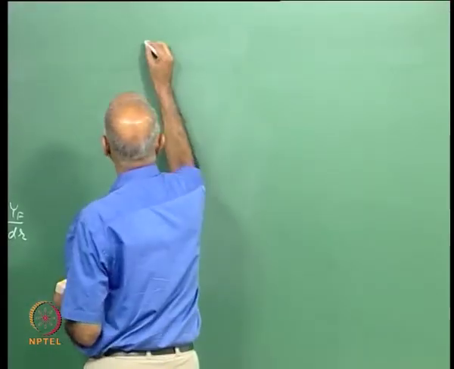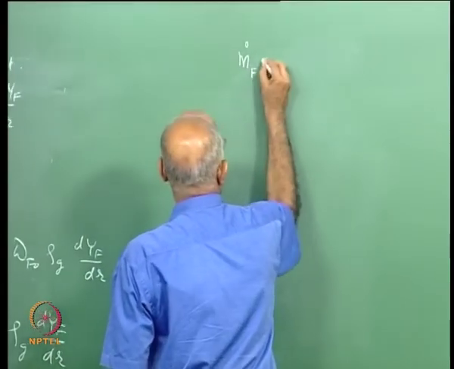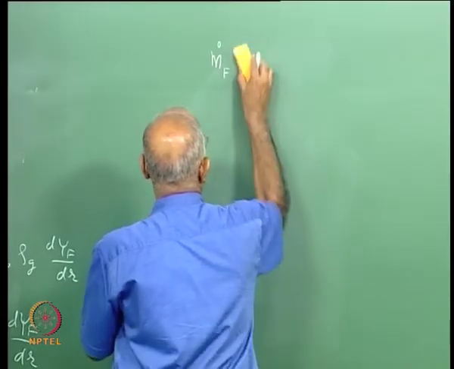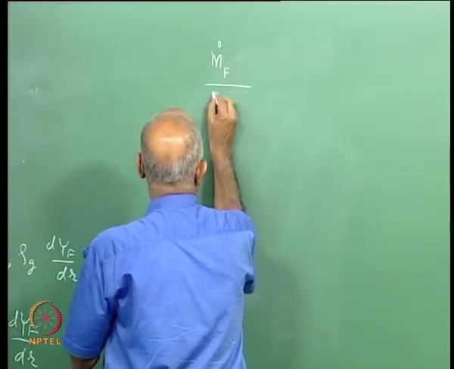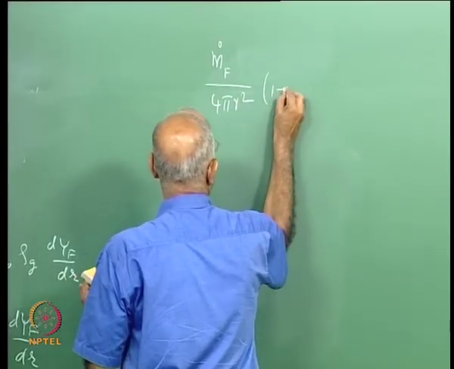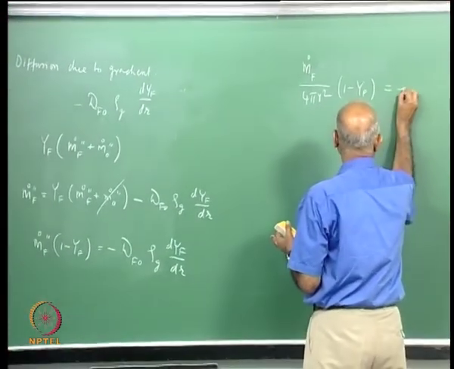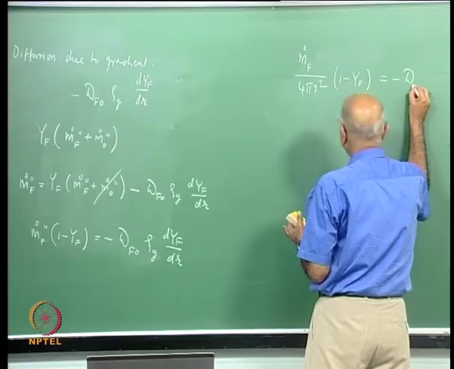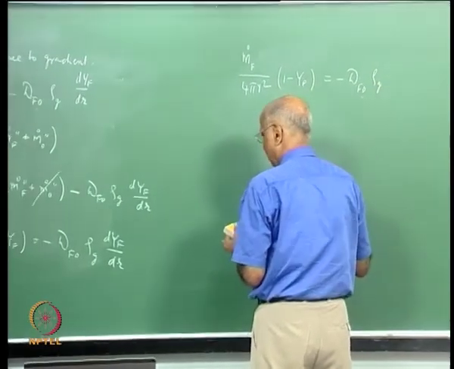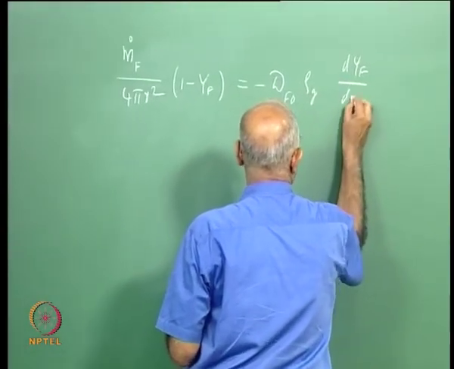I now get the value of m dot of the fuel which is leaving, divided by 4 pi r square, into 1 minus Yf, is equal to minus the diffusion coefficient of the fuel in oxygen multiplied by the density of the gases into dYf by dr.